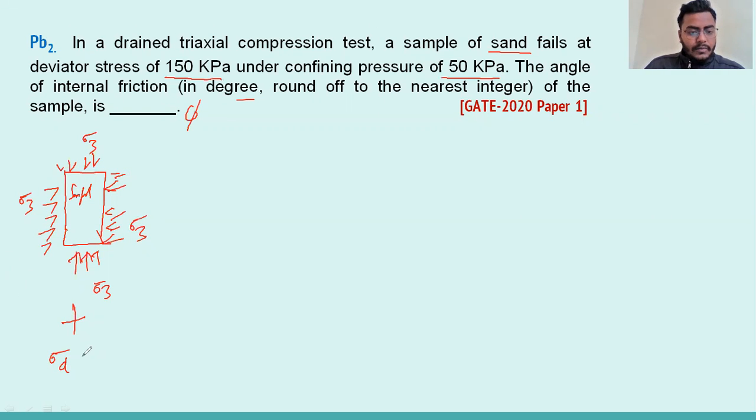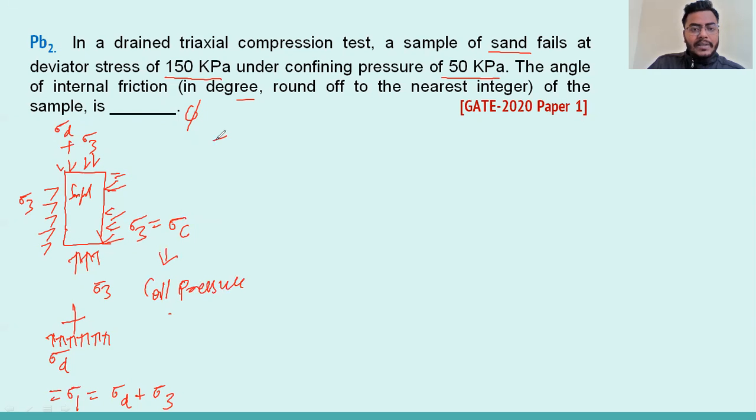So again some pressure, sigma d, is acting. You will see there are no shear stresses on the vertical and horizontal planes. So whatever pressure is coming in the vertical direction is the major principal stress, and that will be equal to sigma d plus sigma 3. And here sigma 3 is equal to the confining pressure. Sigma c is the confining pressure, or we can also call it cell pressure.